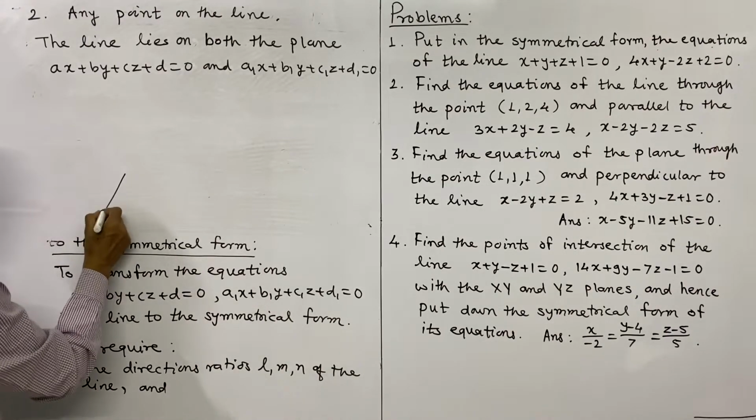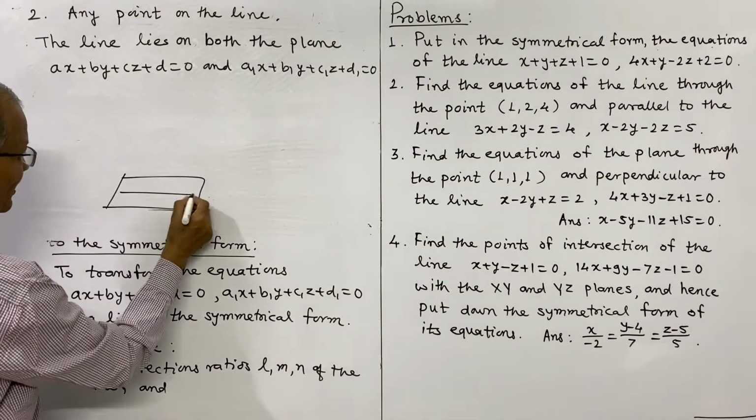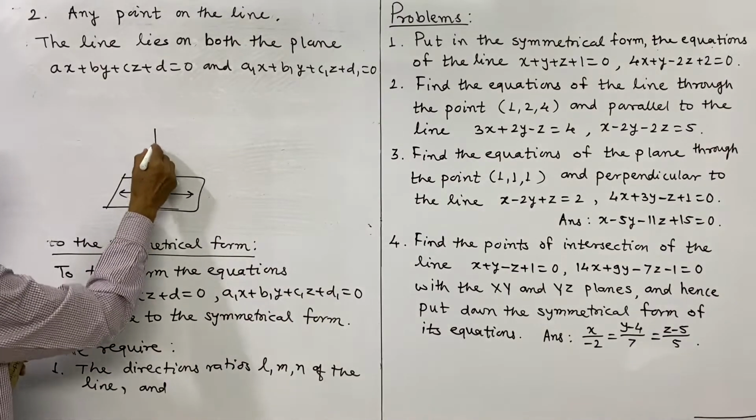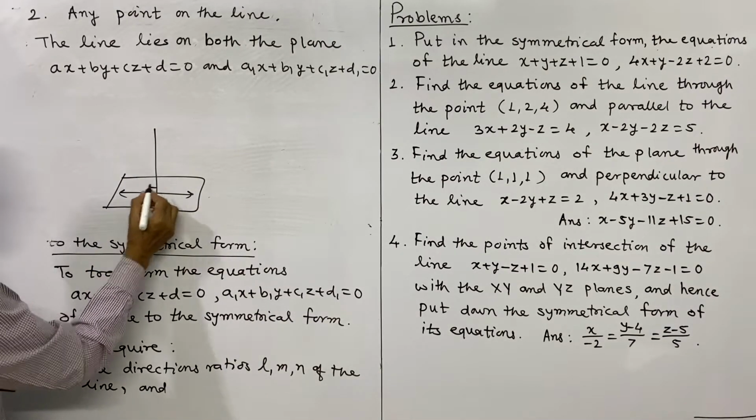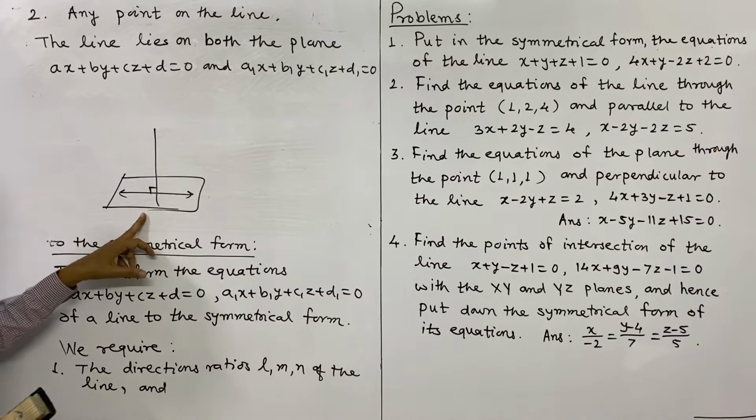If the line lies in this plane, then the normal to the plane is perpendicular to the plane as well as the line.